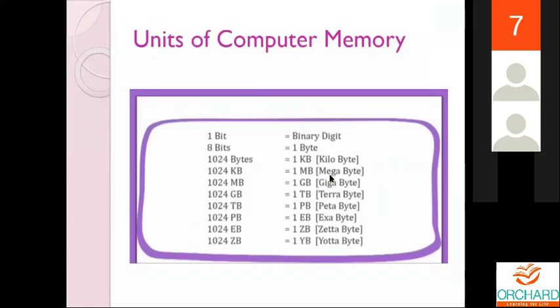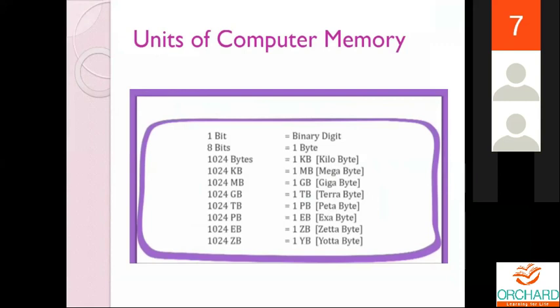These are the units of computer memory that I taught in the previous class. You all remember, I think. 1 bit is equal to a binary digit, maybe 0 or 1. And 8 bits contain 1 byte. So 1 byte is equal to 8 bits, and 1 kilobyte is equal to 1024 bytes.